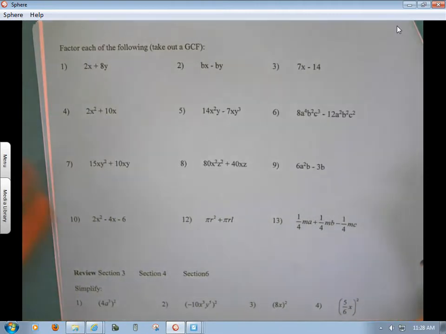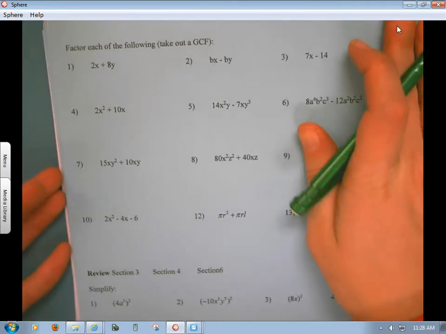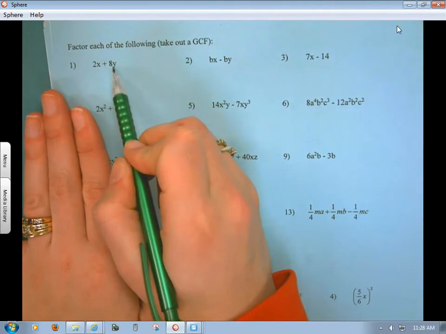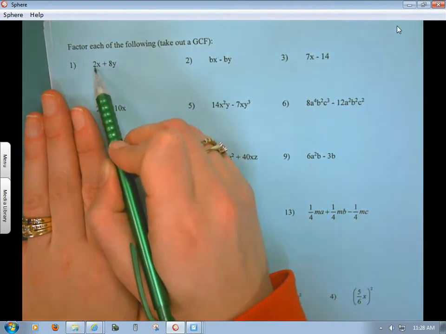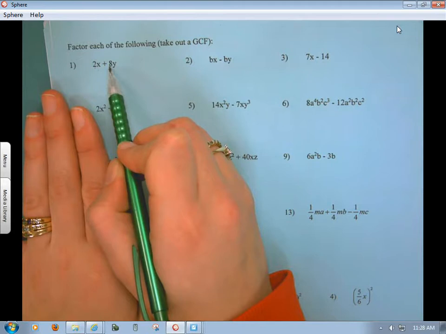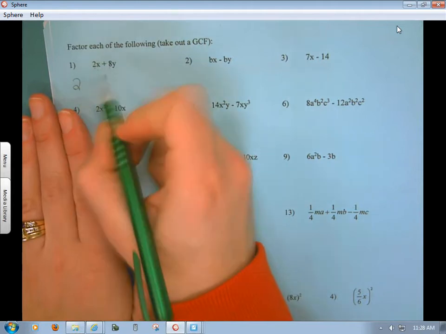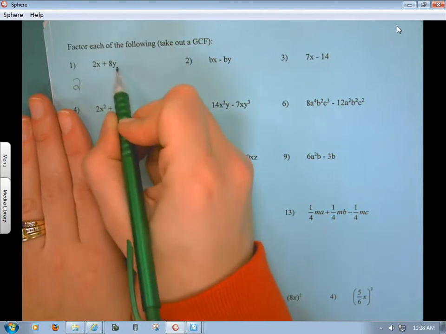When you're taking out a GCF, it's kind of like reverse distribution. I look at the terms that I have, and I look at the coefficients first. What's the biggest number that 2 and 8 have in common? What's their greatest common factor? Well, that's 2. Then I look at the variables, the x and the y. They don't have anything in common.